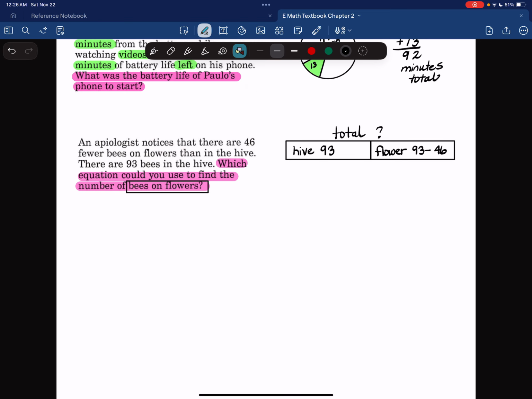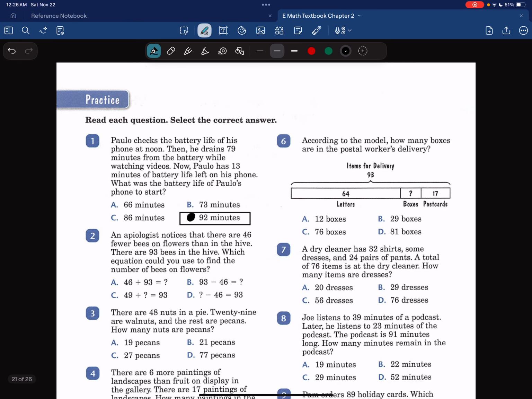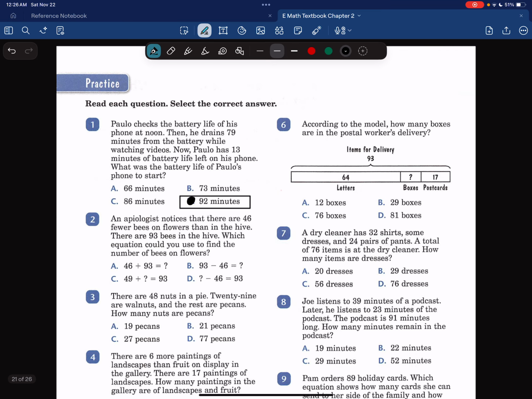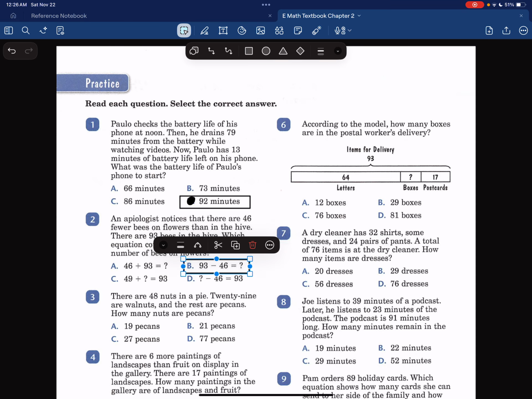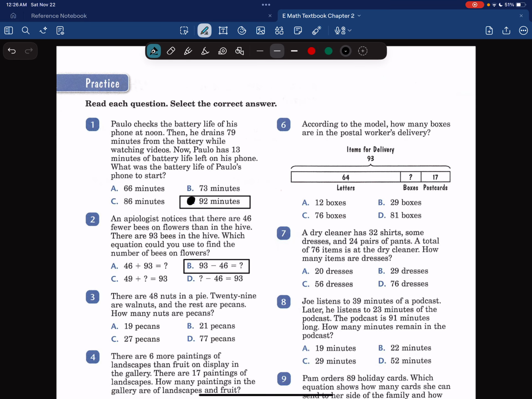And that is a little bit different than what we've been looking at, but right there it is. 93 minus 46 would be the equation. And there it is. B as in boy. Or B as in bee. That one was just a hair different.